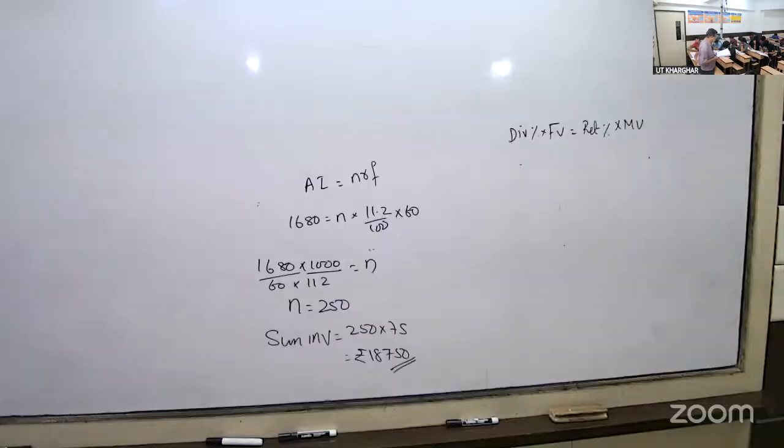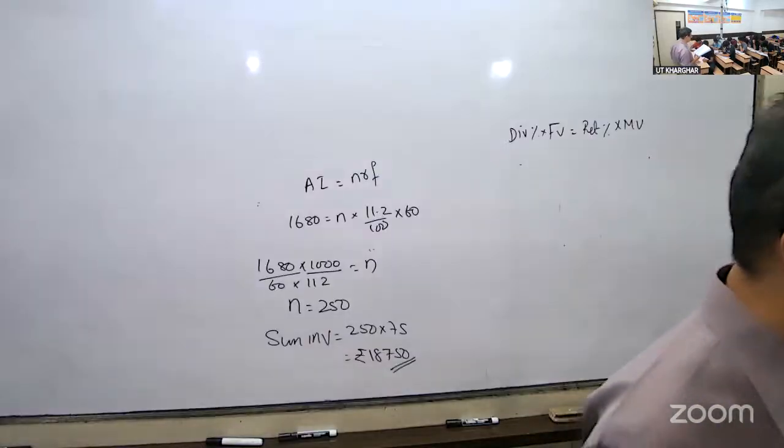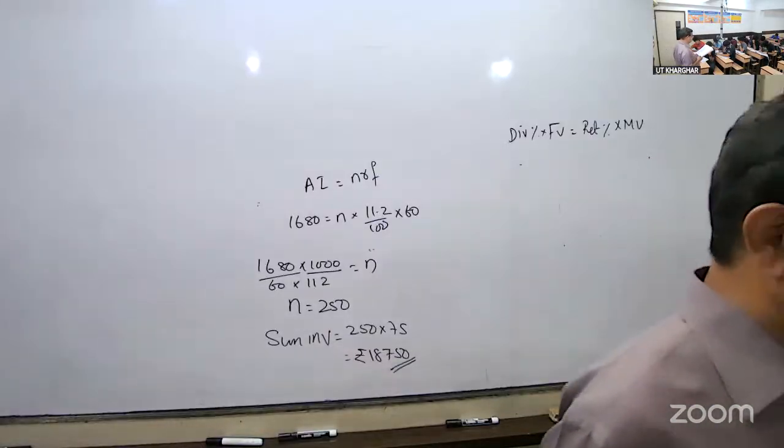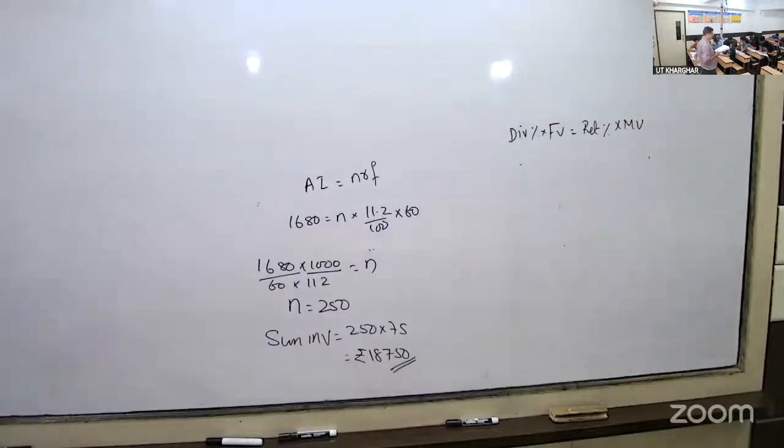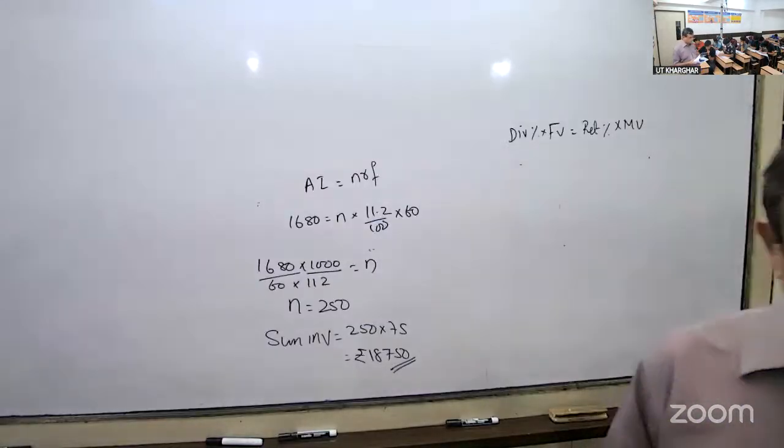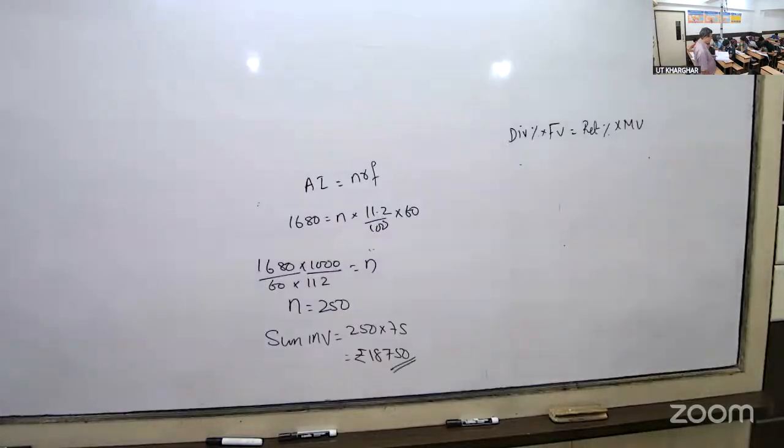So write down number of shares equal to 400. Face value is equal to how much is given? 20 rupees. Market value is 20 minus 20% of 20, that is 20 minus 20 by 100 into 20, which is equal to 16. That's the market value.